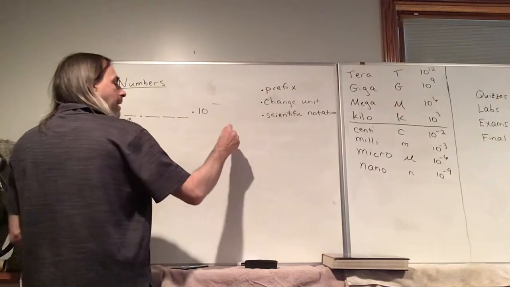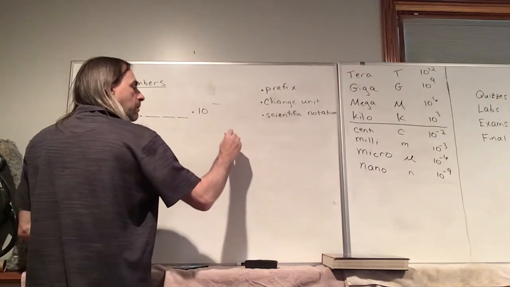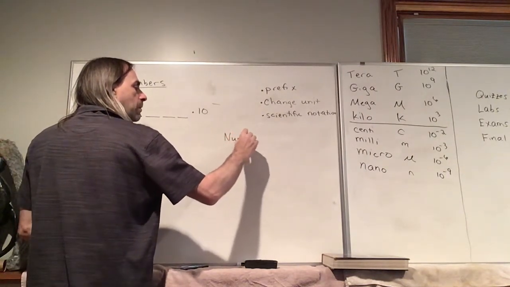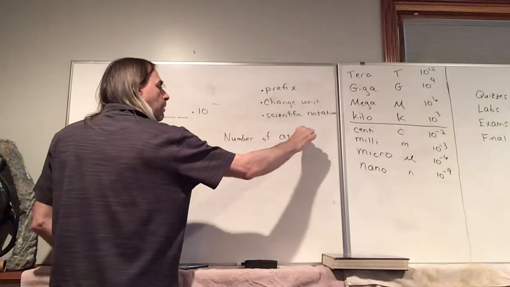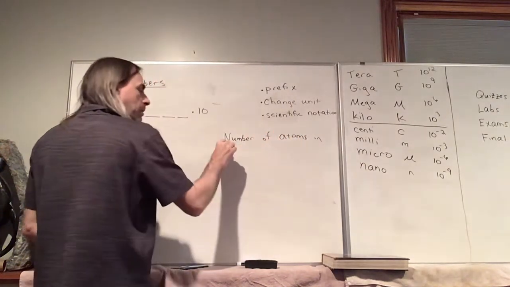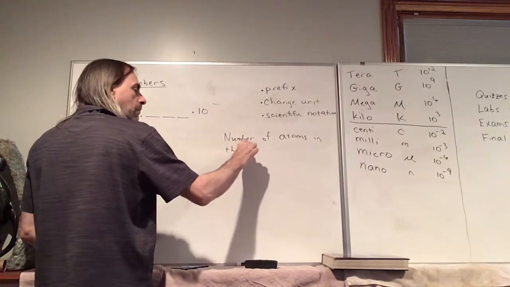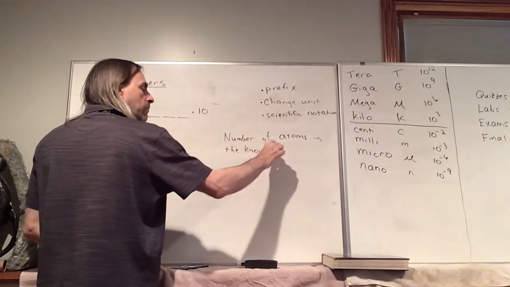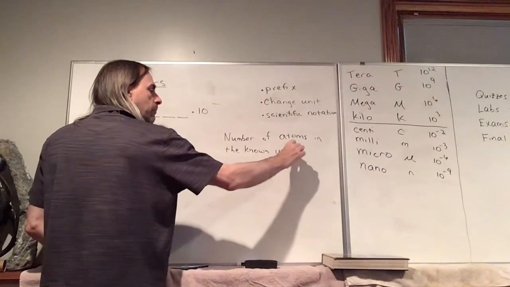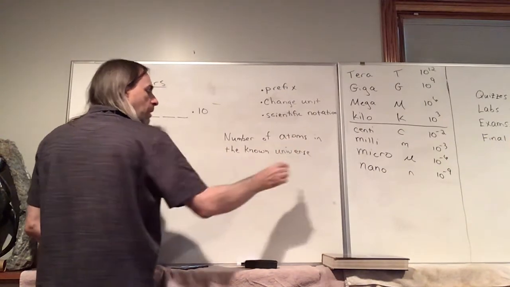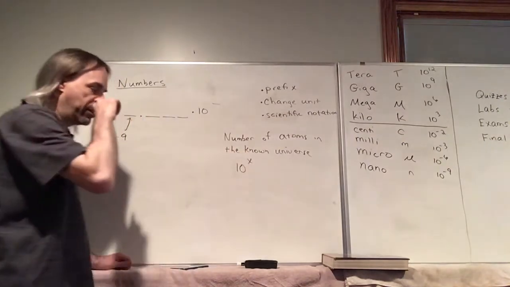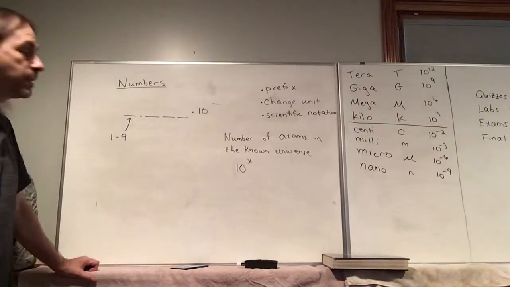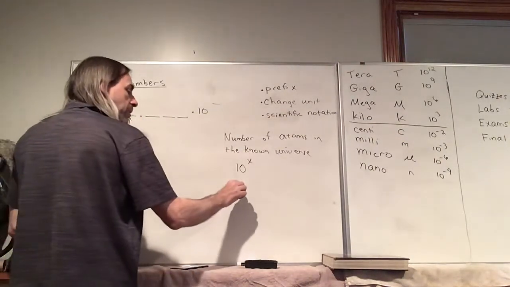The number of atoms in the known universe. So I'm going to explain that number is 10 to the power x. What is x? Well, this is a multiple choice question.